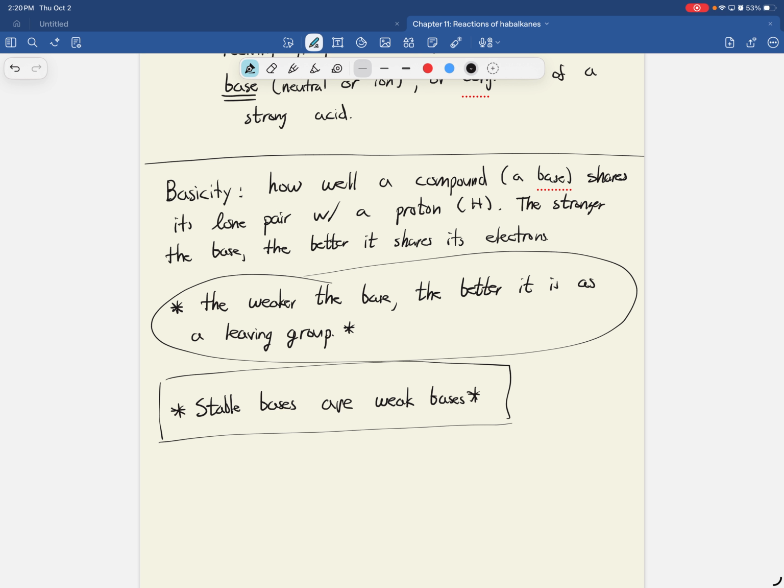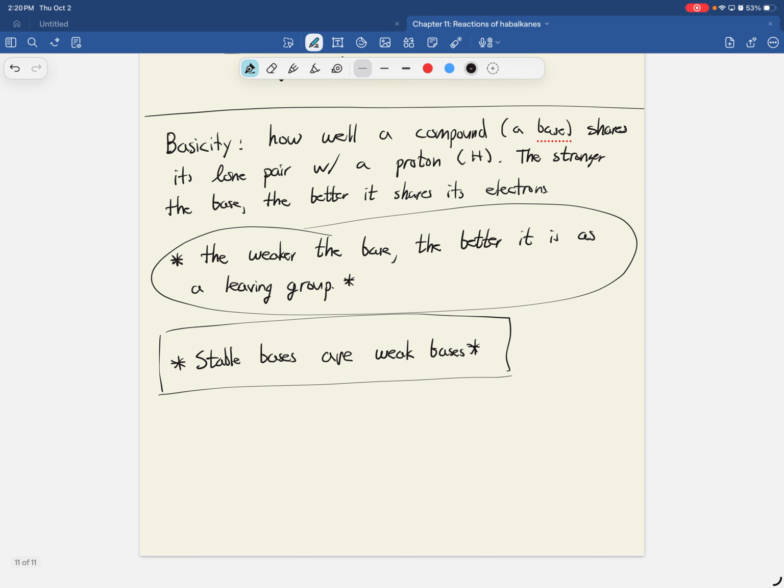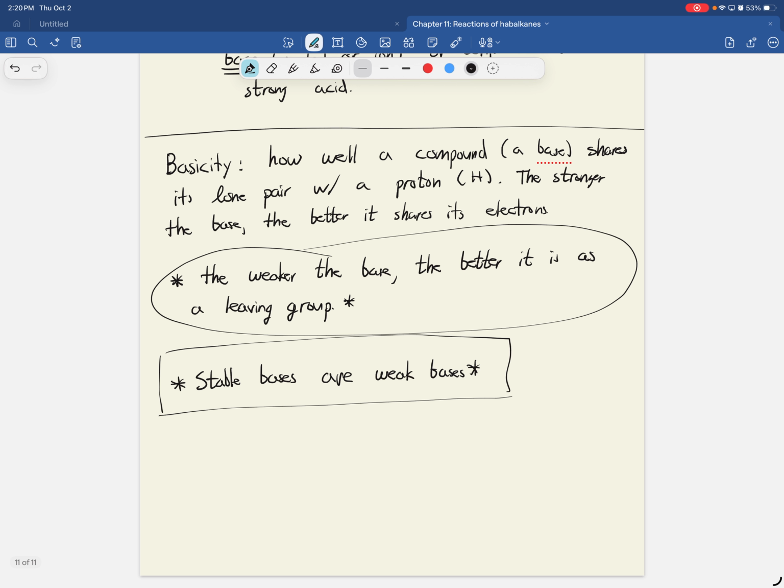So we have to look at the periodic table and the trend in base strength. You can write this trend if it's hard to remember on the day of the exam, but you can't write it on a periodic table and bring it to class. So try to remember this leaving ability. All right, so let's talk about the leaving ability of halides.